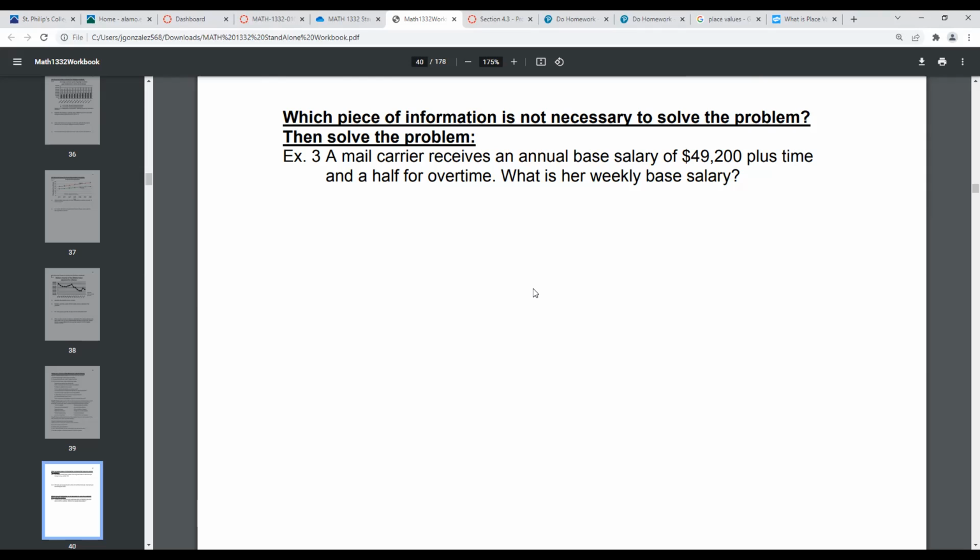If we knew the hours that he went over, it would be easy, if they separated the amount. What is your weekly base salary? A mail carrier works like 6 days a week, right? So, 8 days.